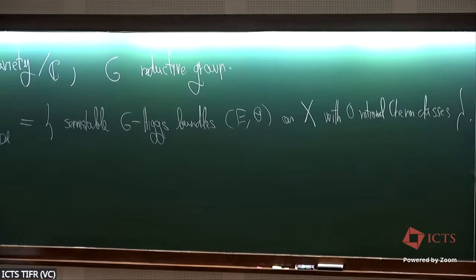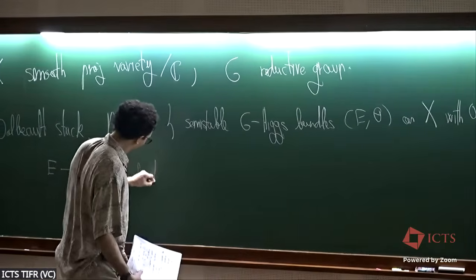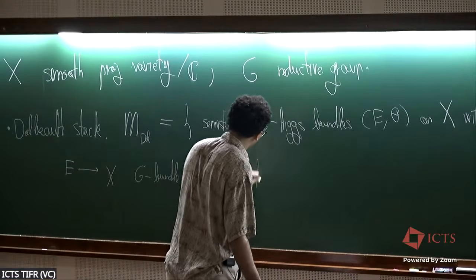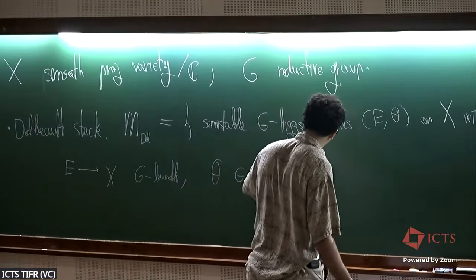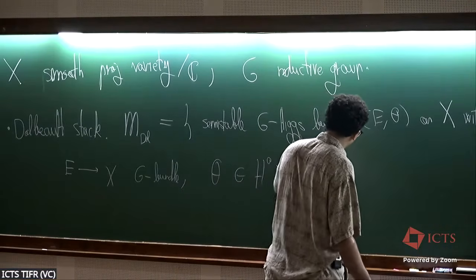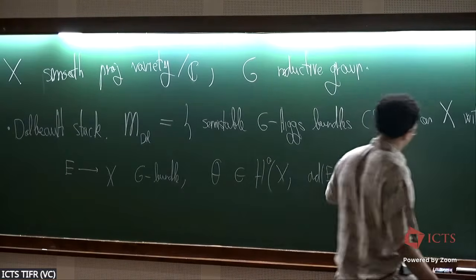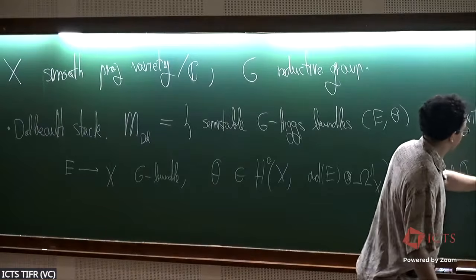So let me recall what's a Higgs bundle. We're gonna take a G bundle E, and theta, the Higgs field, is gonna be a section of the adjoint bundle of E tensor with Omega 1 of X. And it should satisfy that theta wedge theta is 0.